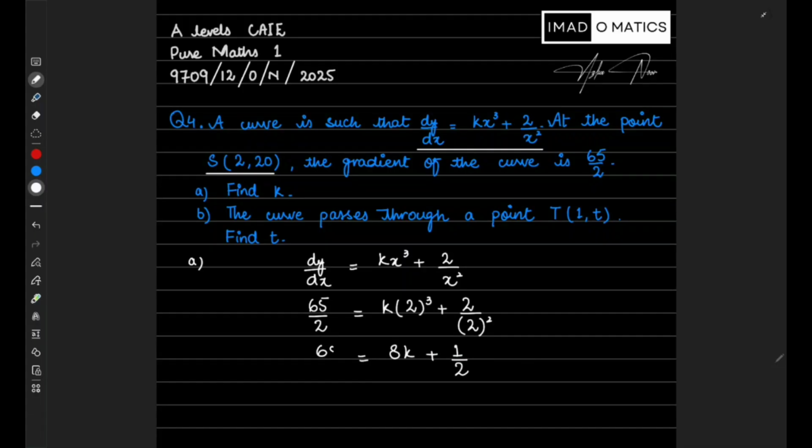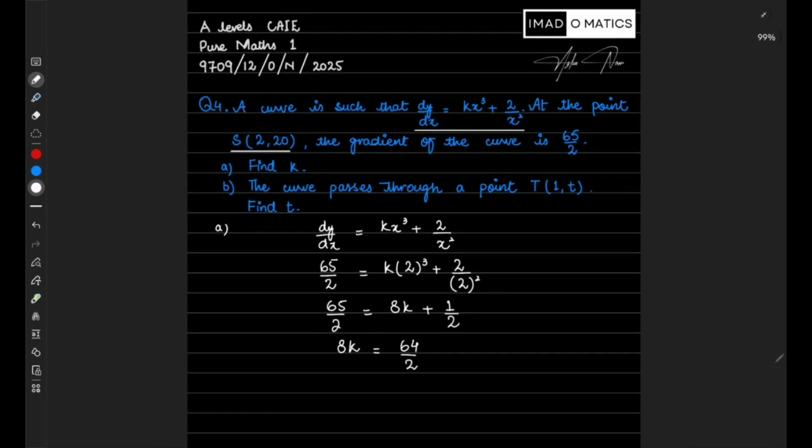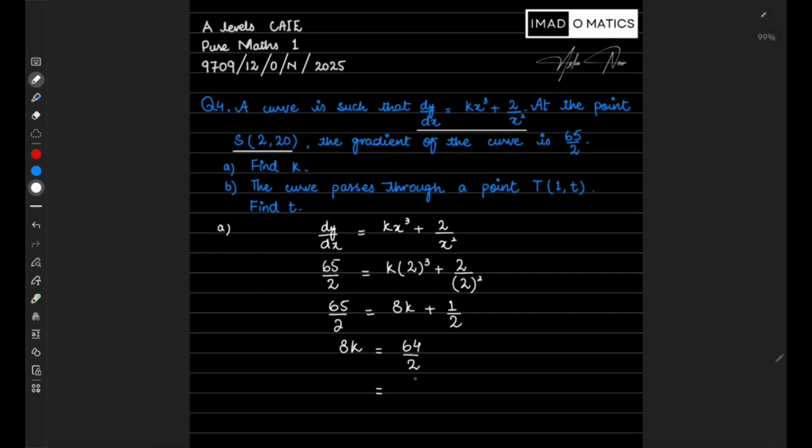Now solving this for k will give you 64 over 2, and that will give you k equal to 4. Okay, this is how we found the value of k.